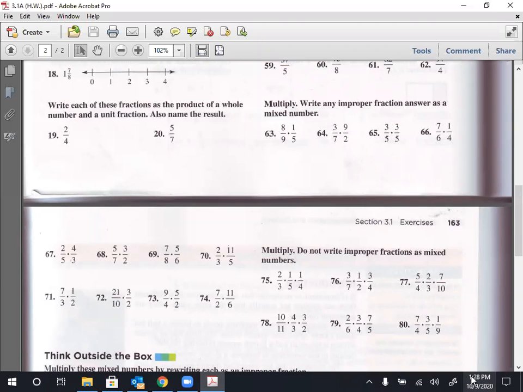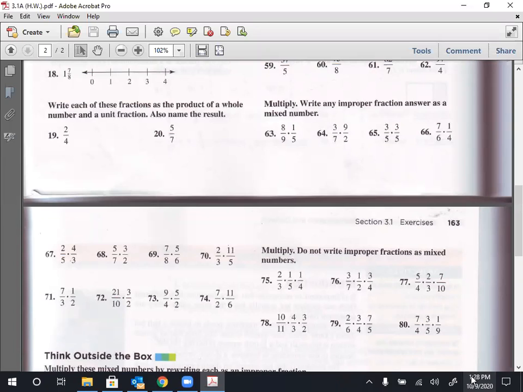For number 63, we have 8/9 times 1/5. So multiply 8 by 1, what is it?